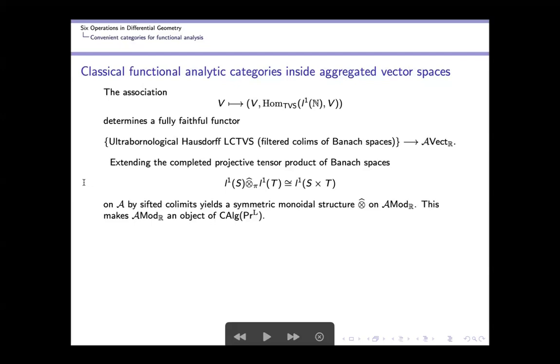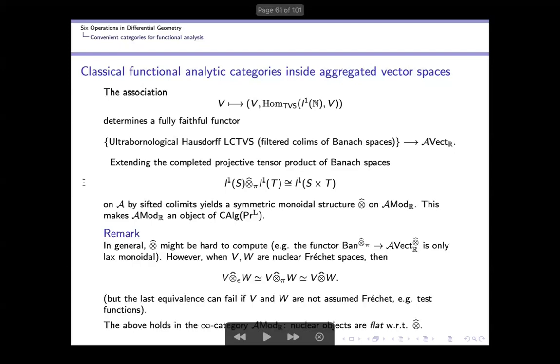Now, this tensor product might in general be very hard to compute, but for certain spaces, like the ring of smooth functions on a manifold, it turns out that the tensor product behaves exactly as the other tensor products in functional analysis. In functional analysis, Grothendieck in his doctoral thesis proved that on locally convex spaces there are 12 natural tensor products, and they all sit between the injective and the projective tensor product.